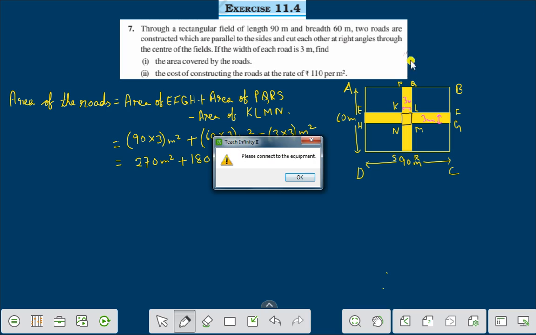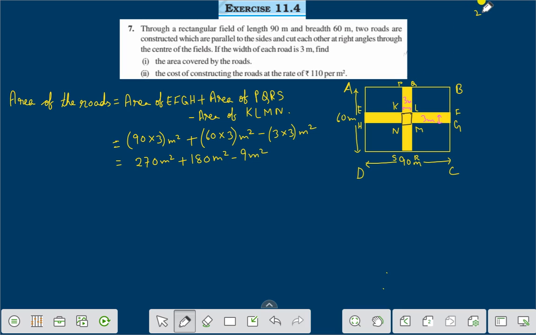Now if we add 270 plus 180, we get 450. Subtracting 9, we get 441 meter square. This is the area of the roads, right? The area of the roads will be 441 meter square.